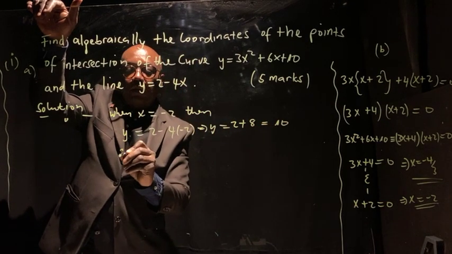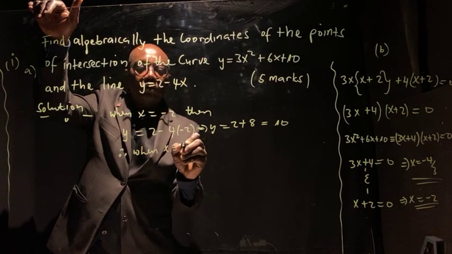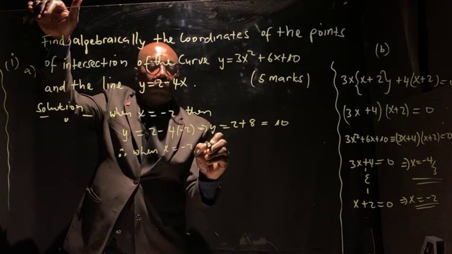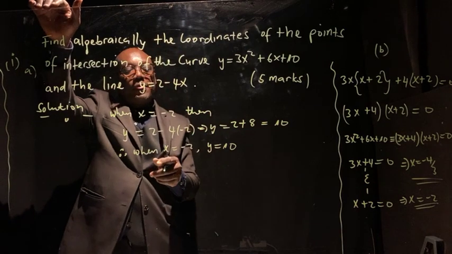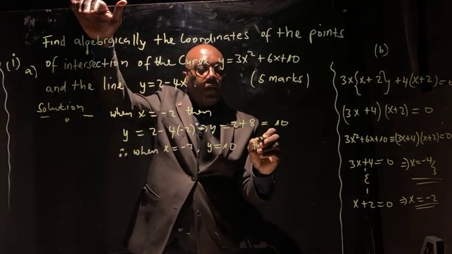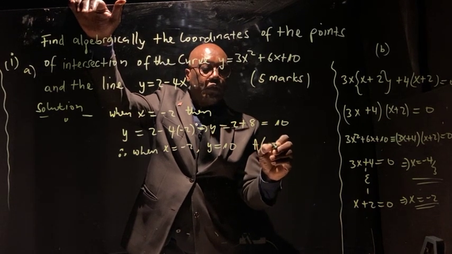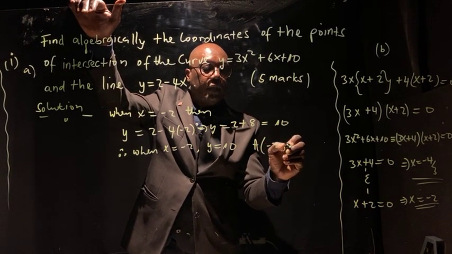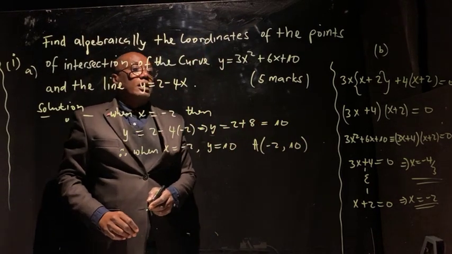Therefore, when x equals minus 2, y equals 10. So let's call this coordinate A. Therefore, A equals minus 2 and 10 is the first intersection between the curve and the line.